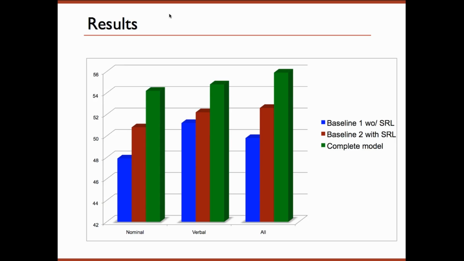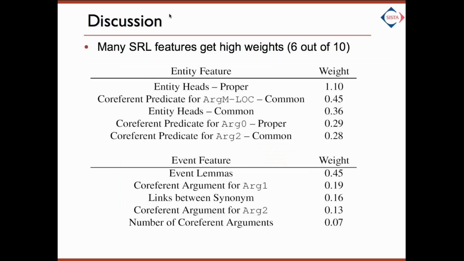We did a little bit of feature analysis, and we found out that semantic role labeling is actually very important in the regression model. So basically, this feature merges two nouns if they serve as a locative argument for the same predicate, and they're both common nouns.